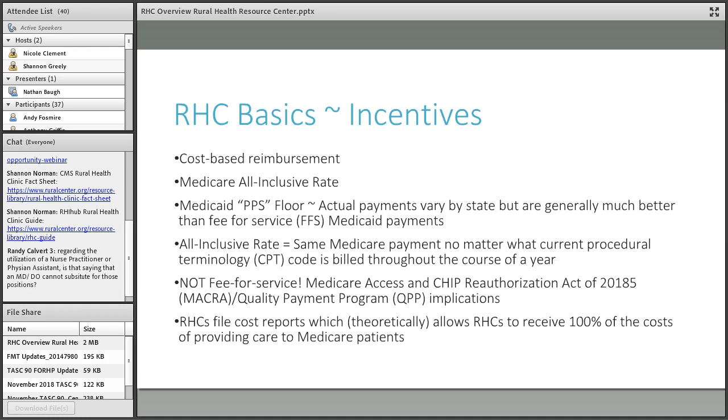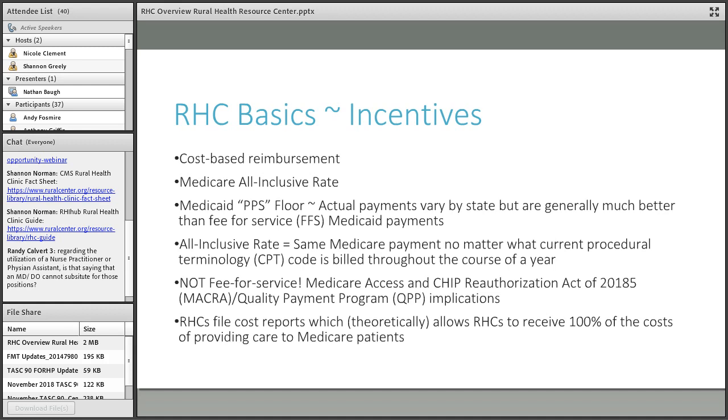In fact, rural health clinics are much more likely to see Medicaid patients timely because the payments are a lot better. They're happy to have Medicaid patients come in the door, whereas many other fee-for-service clinics, it's just a fact, they almost ration care because they can't have a large Medicaid population because it doesn't pay enough.